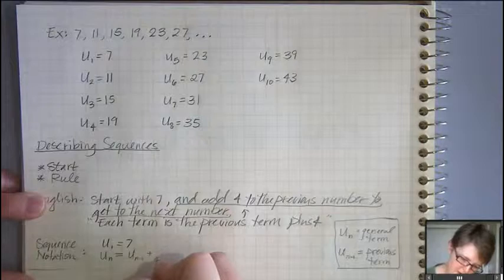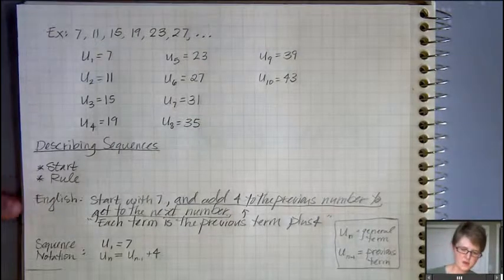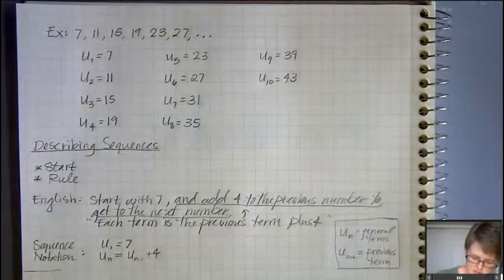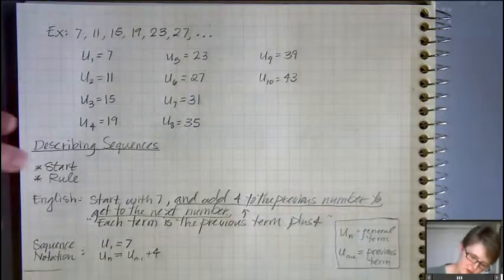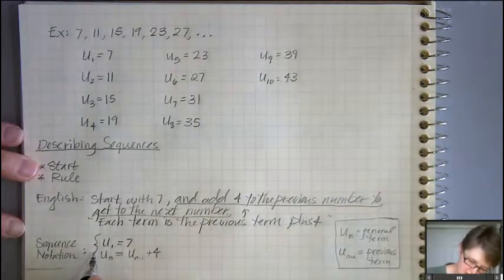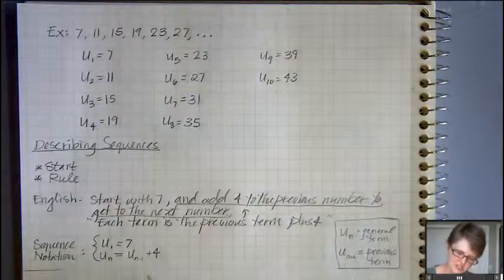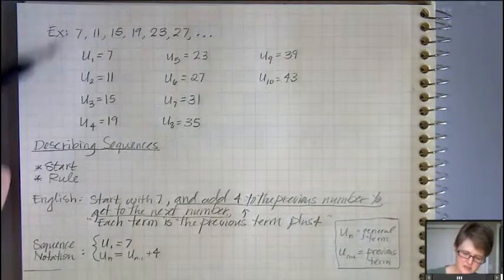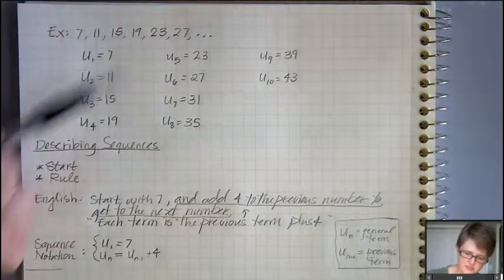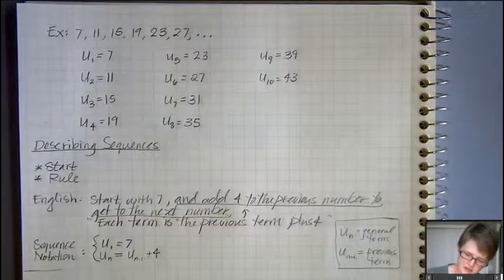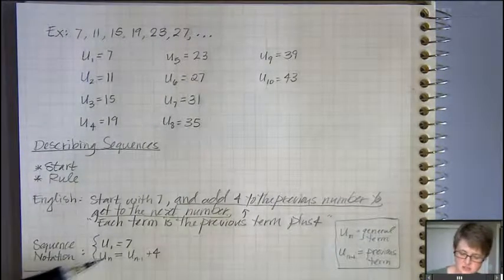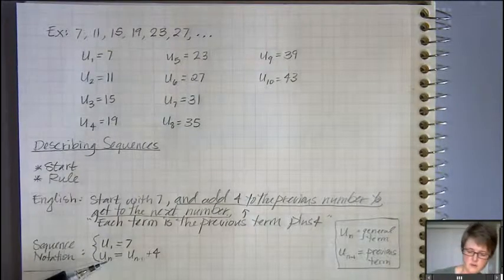So each term equals the previous term plus 4. What we've just written is a definition of this sequence. Without seeing all of these numbers, if somebody knew this notation, they could look at this and say, oh, this is the sequence that starts with 7 and adds 4 each time. So they would know that this continues on indefinitely.